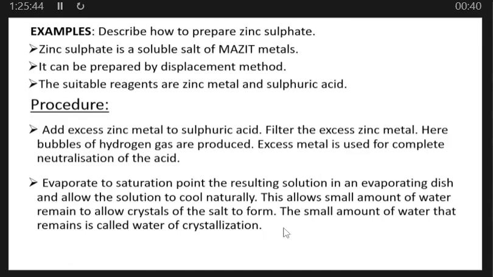So you have zinc sulfate and you have already removed the excess zinc metal. For that zinc sulfate solution, you now need to evaporate it.